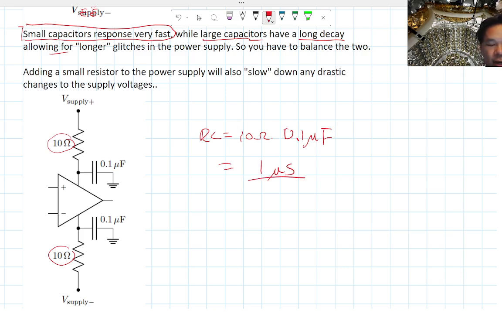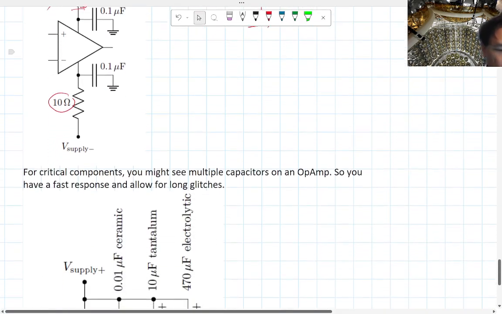So basically you have something on the order of a few hundred nanoseconds for your power supply to pick back up before it decays. One thing that's not nice about this is that it does put a resistance on your power supply. So if you're drawing current through this, the more current you draw, the more it drops your power supply voltage. So this is one solution.